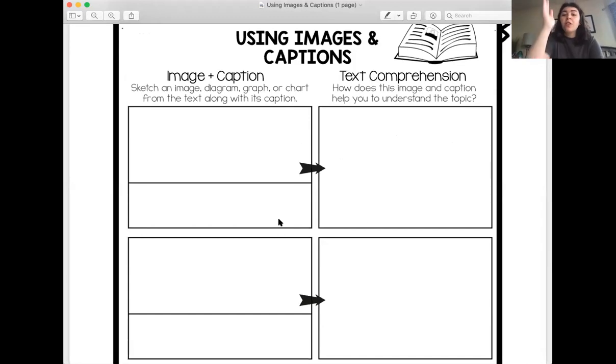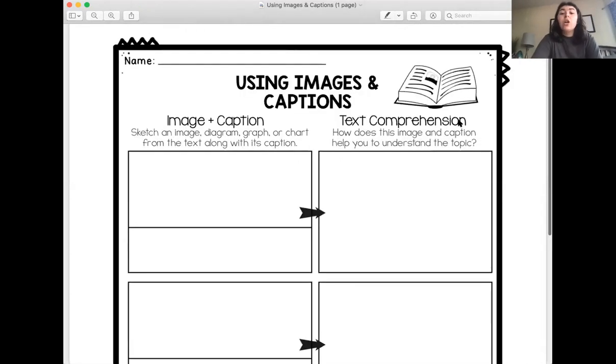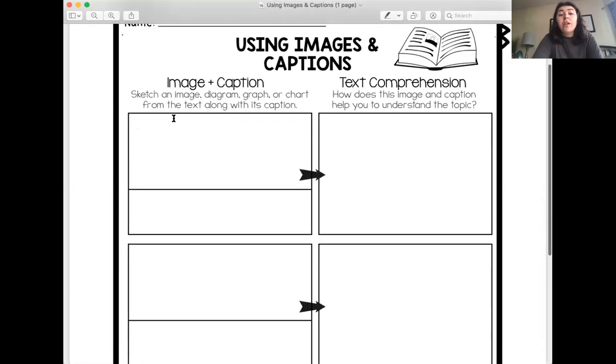If not, just draw a line down a separate piece of paper and divide it into boxes like they did. For our organizer, you're going to sketch an image, diagram, graph, or chart from the text along with its caption.